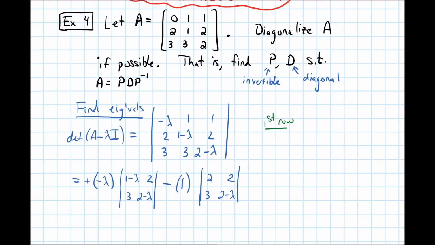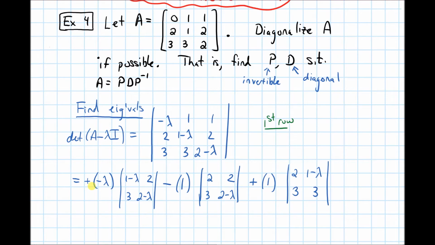Then I go to the next entry, which is a 1 in that row, and I alternate the sign again. So instead of a minus, I'll do a plus, times this corresponding determinant. I cross out the row this is in and the column this one is in, and what I'm left with is the smaller 2 by 2 matrix: 2, 1 minus lambda, 3, and 3.